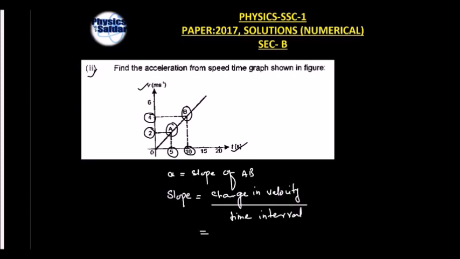The change in velocity you can write as final velocity minus initial velocity, divided by the time interval, so you can write t2 minus t1.